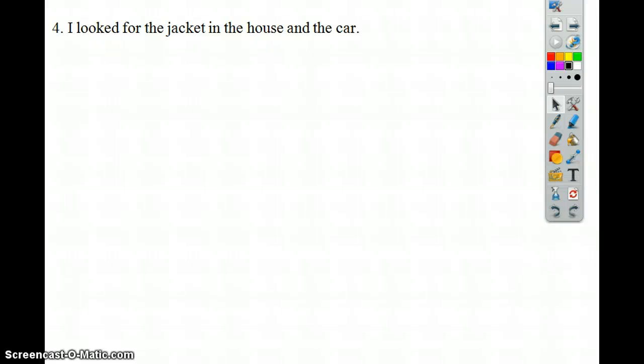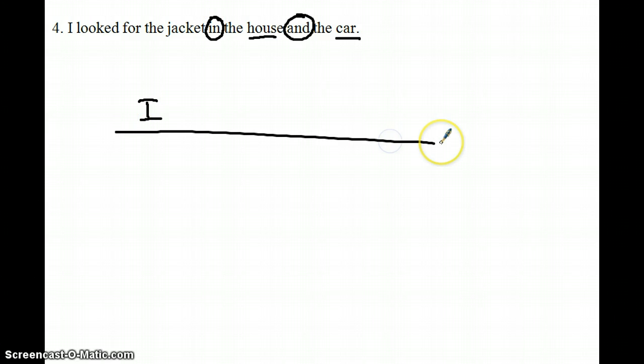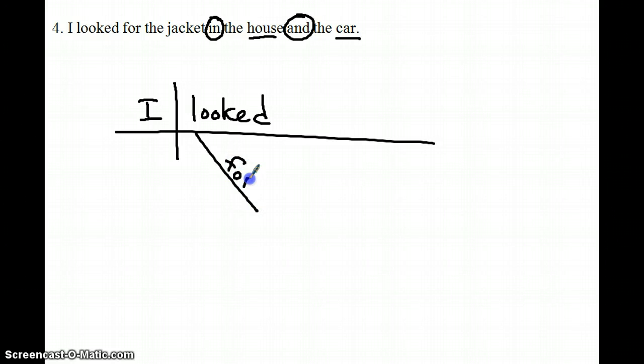I looked for the jacket in the house and the car. Our compound element, again, here's our conjunction, is objects of the same preposition in. So we diagram it like this. I looked. What did you look for? Well, I looked for the jacket, right? That's a prepositional phrase. Which jacket?